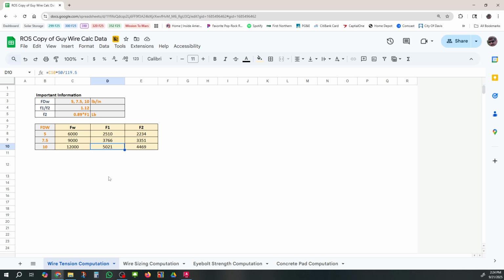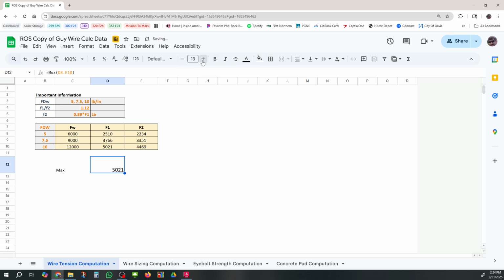Okay. I could also, if I want to, say equals the max of any of those ones. And then I've got it right there. So I've always got my maximum right there. I don't have to go looking.